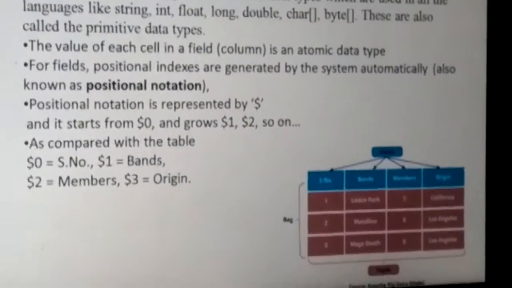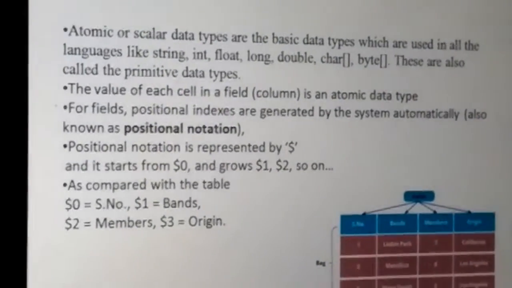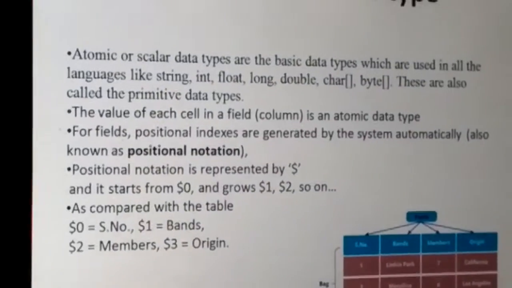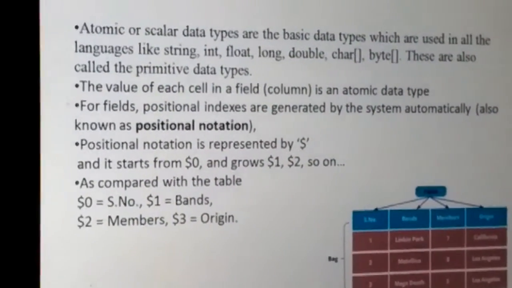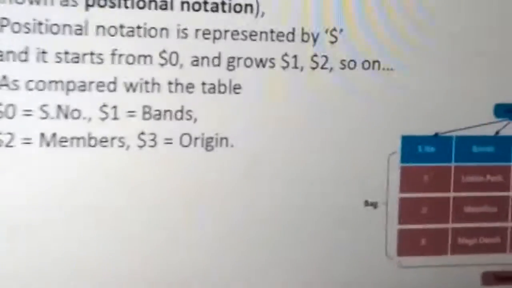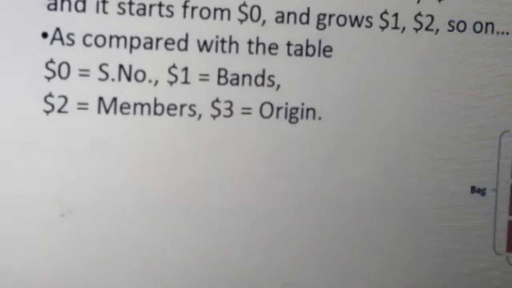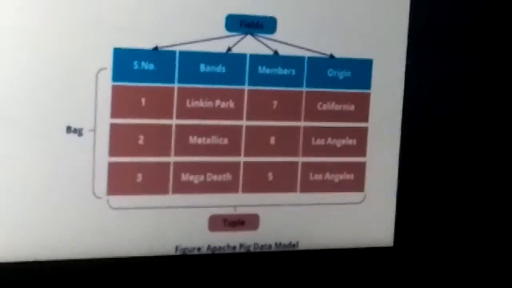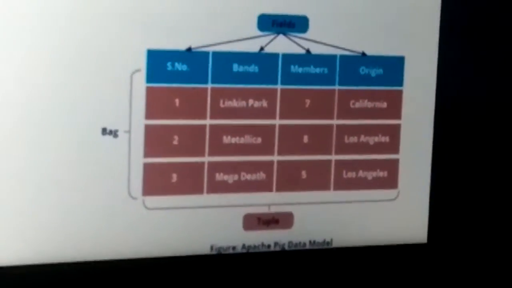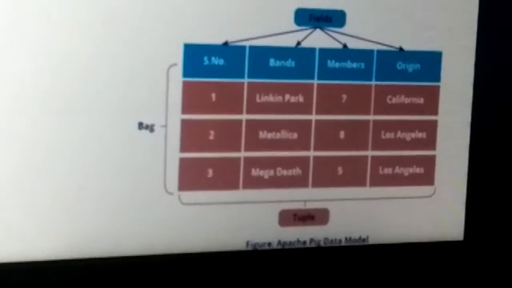The first field, that is serial number, refers to $0, and bands refers to $1, and $2 represents members, and origin represents $3, and so on. So it grows as the number of fields in the table.